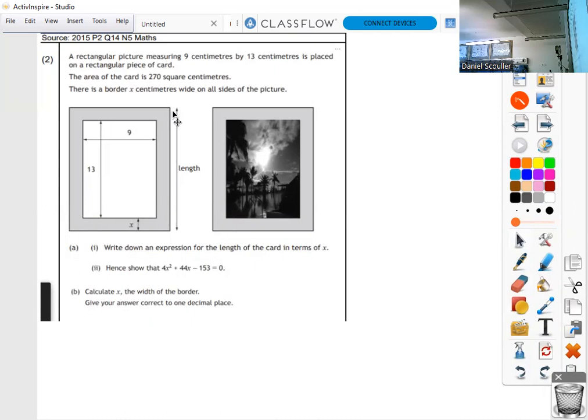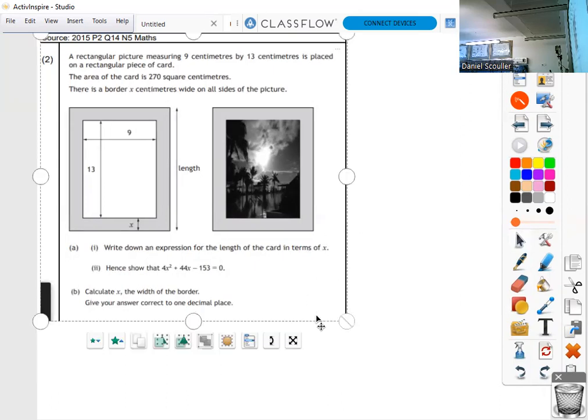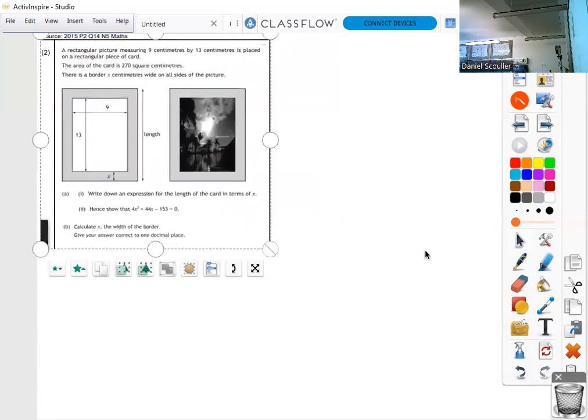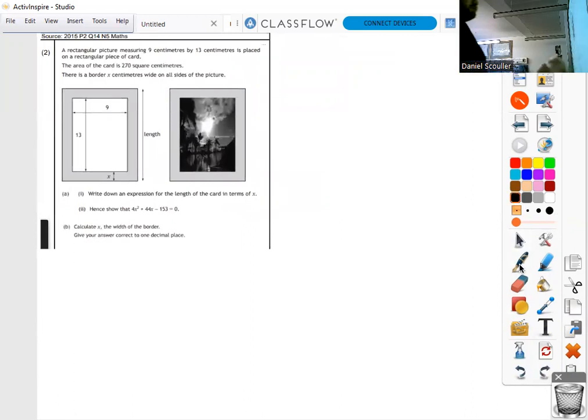So let's have a look at this. Go through it. First part of the question, write down an expression for the length in terms of X. Okay, now let's have a wee look at what it's asking. So length is the full length from outside edge to outside edge. Now you're given this dimension here, this 13, which is your inside edge.